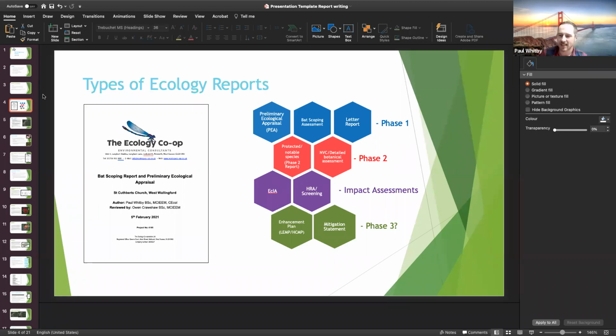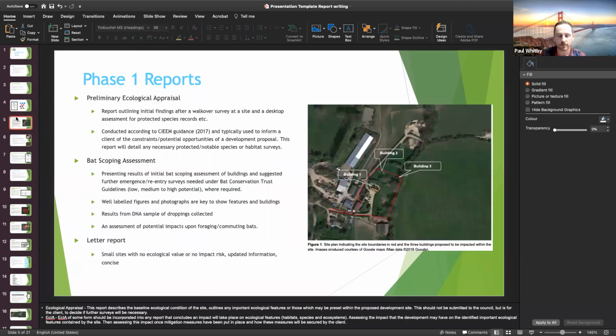This is your mitigation statements and enhancement plans, such as a landscape and ecology management plan or habitat creation management plan, which basically takes the information from your impact assessment where you've identified the species and habitats that are going to be affected by the proposal and details how they'll be conserved and protected through a development. So we'll just go through and look at each of these in a little bit more detail.